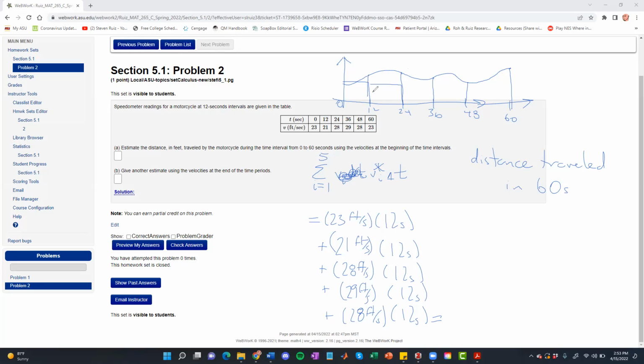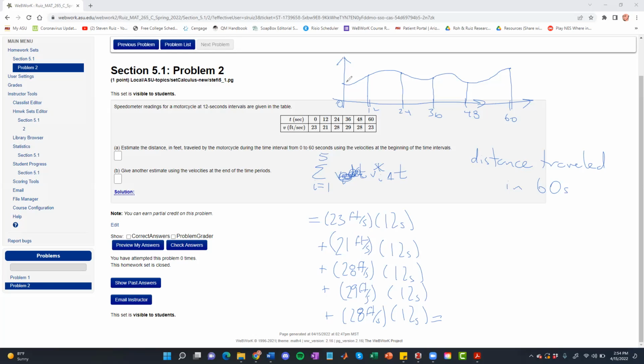Erasing is too hard over Zoom, so let's stop being lazy about it. Okay. So I know the speed at those 6 points, right? But over the first interval from 0 to 12 seconds, for example, what's the speed? Is there a single speed that is taking over that? So I have to choose one, right? So the first question is telling you to choose whatever it starts with.